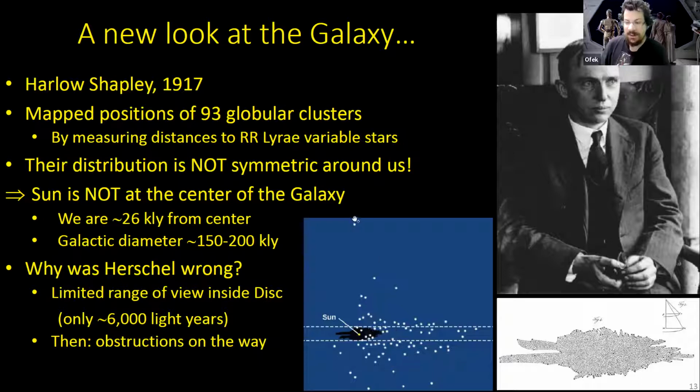There's a clear preference in this picture for globular clusters to be on the right side of our own position. And by plotting these various clusters, Shapley could infer, again assuming a distribution that's more or less symmetric, what the center of that symmetry would be.